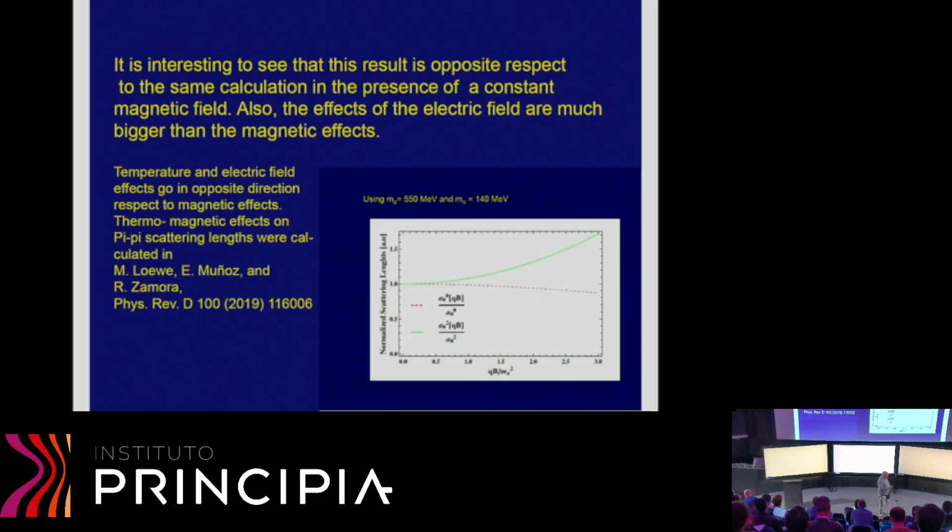This is interesting because when you take into account temperature and magnetic field simultaneously, you see that there is a competition between these two effects. They conspire against each other.